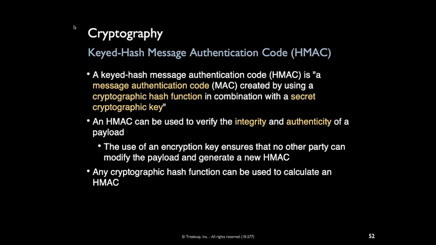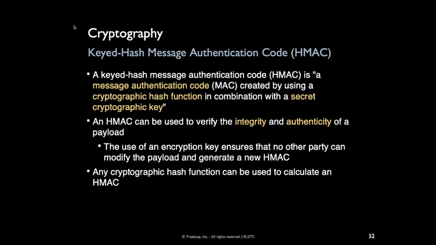And so we use something called a keyed hash message authentication code, right? Basically this is a hash function that's used in combination with a secret key. So when I call the hash function, I give it the thing I want to hash as well as a secret key. So you can kind of think of it as like an encrypted hash if you want, right?